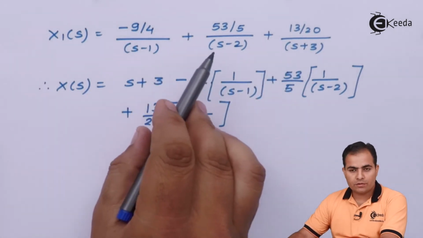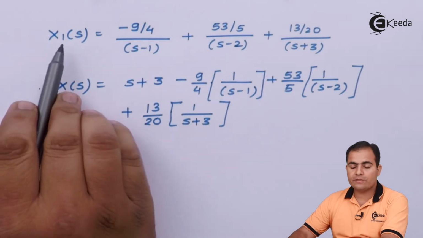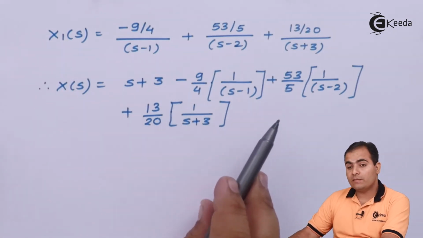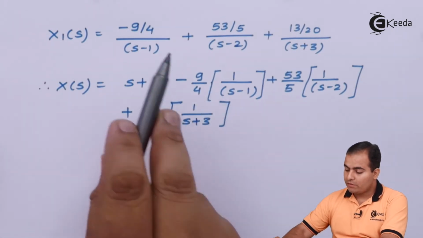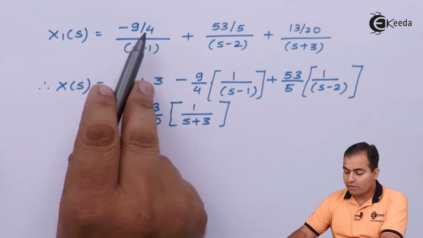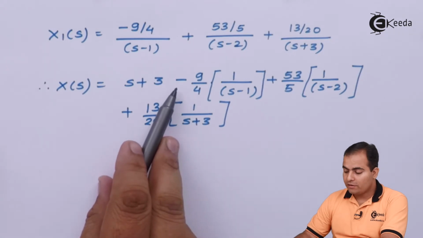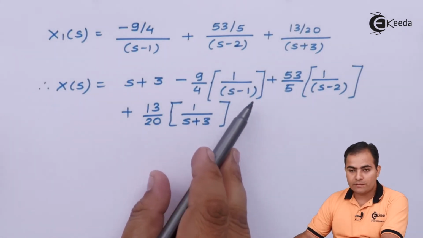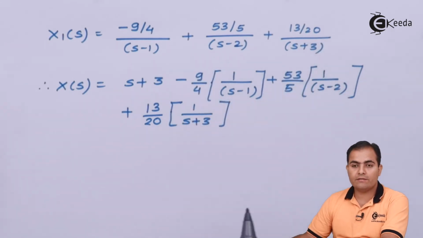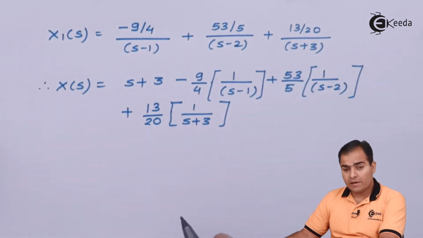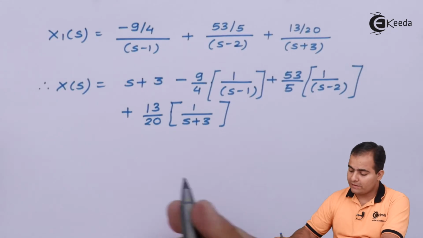So this was my X1 of s, and then I have substituted the X1 of s equation in my equation number 1, which was my X of s equation. What I have done is taken only a constant term outside the bracket. So inside we have 1 upon s minus 1. In this part we have 1 upon s minus 2, and in this part we will get 1 upon s plus 3. Now I'll apply the inverse Laplace transform on both sides.